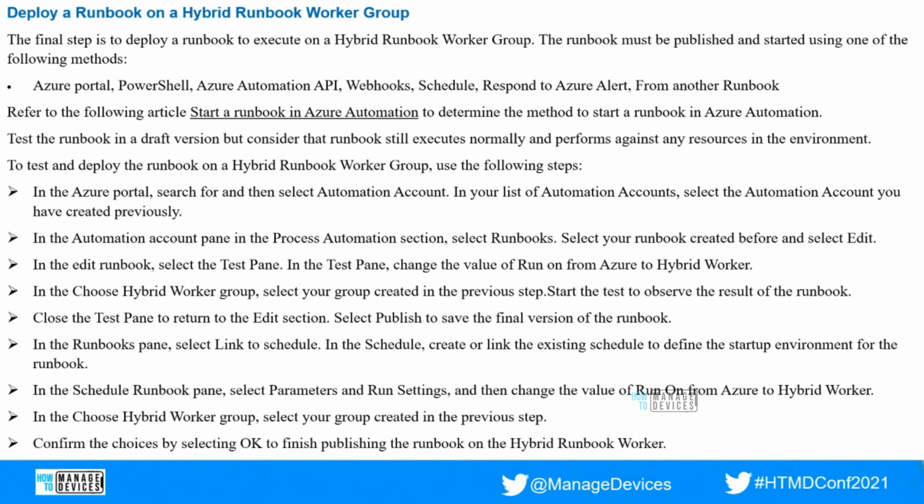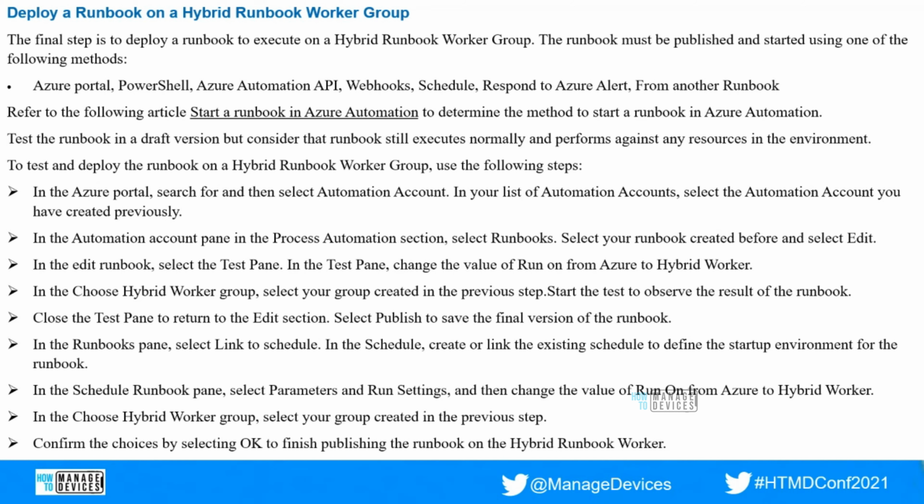At the very right side blade of Azure, you will see the test pane option, and you can change the value to run from Azure to a hybrid worker, which you want to specifically input at the time of running it. As soon as you click on start, you can use your hybrid worker group for which you want to execute that.